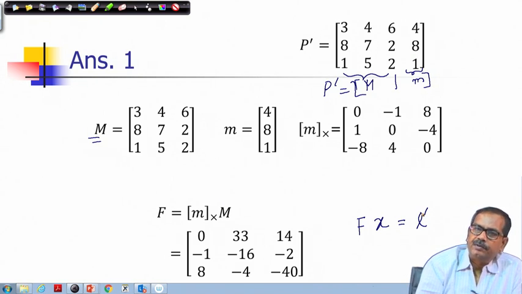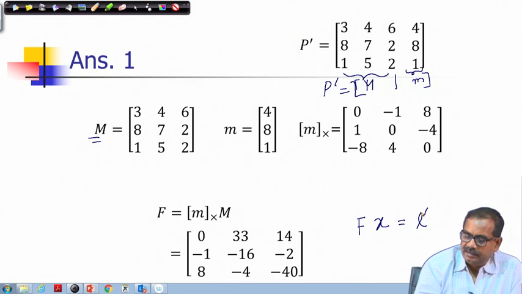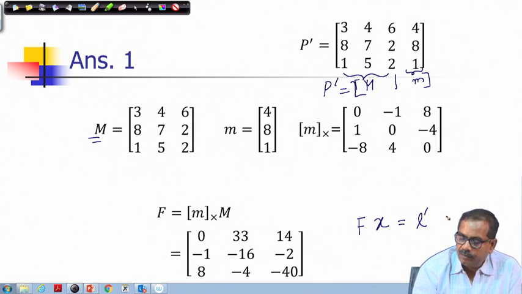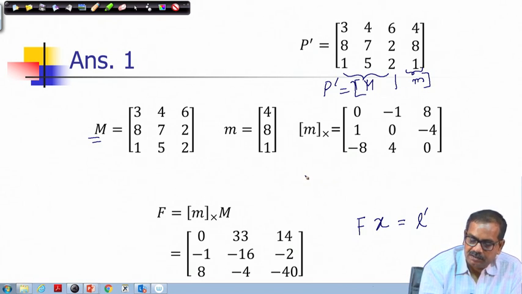And what is an epipolar line? An epipolar line is a line formed by the epipole in this configuration. So, you have this configuration.